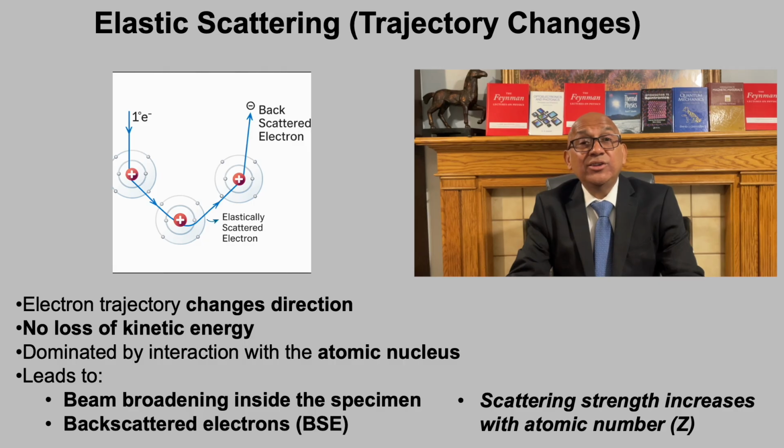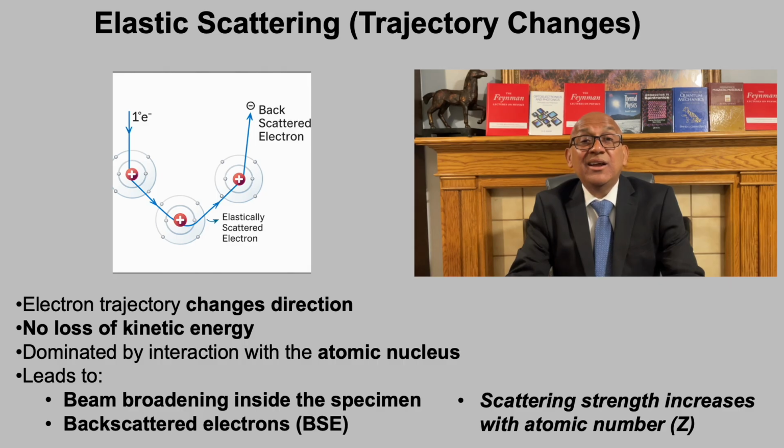Because the nucleus is so massive compared to the electron, momentum is transferred primarily as a change in direction rather than energy. As electrons undergo multiple elastic scattering events, the beam spreads laterally as it penetrates the specimen. This beam broadening increases the effective probe size below the surface, even if the incident probe is extremely small.